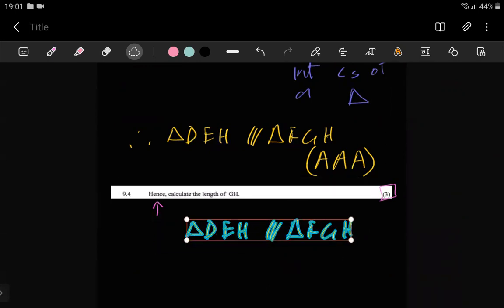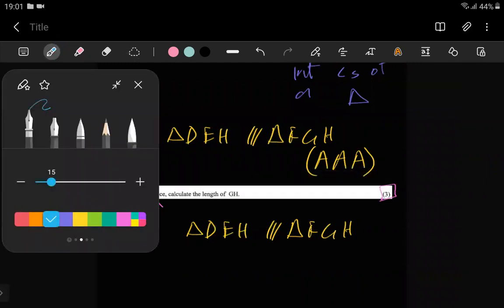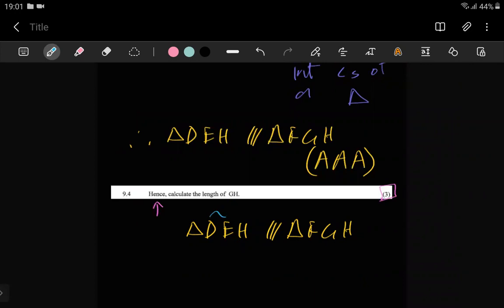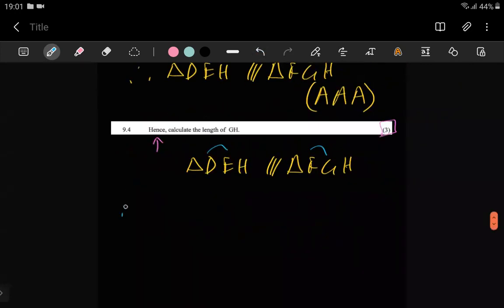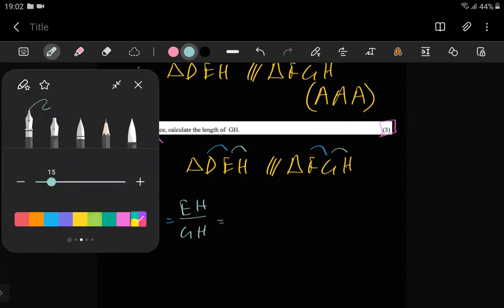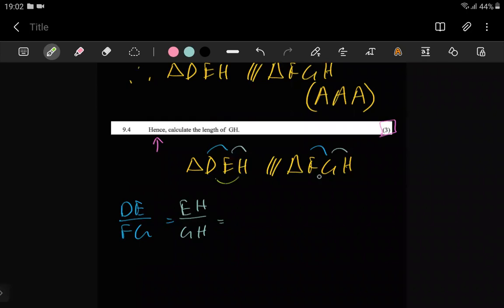So with what we have here already, we can write that DE over FG is equal to EH over GH, which is also equal to DH over FH, like that.